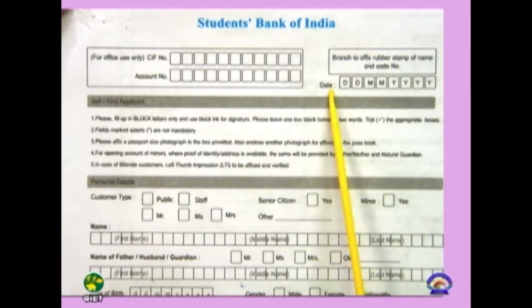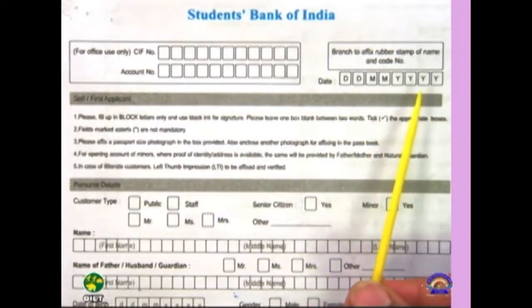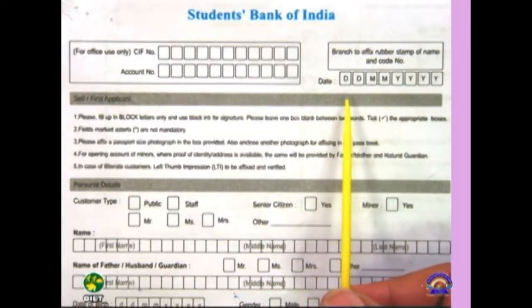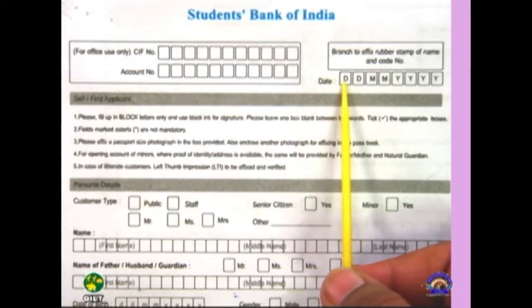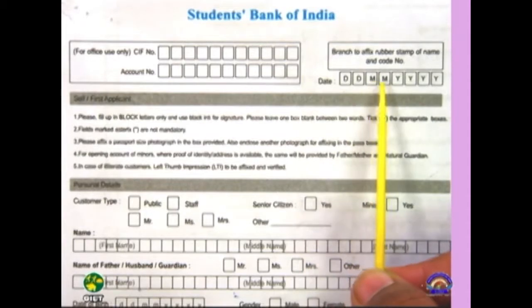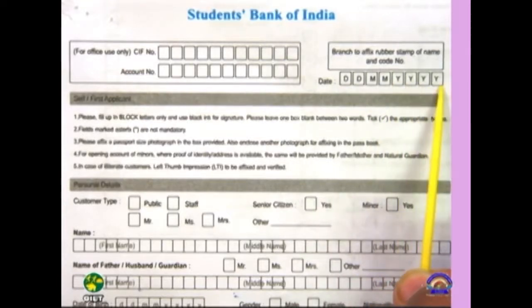Date. Now children, date will be filled by us. So children, you have to write the date. For example, if it is 28 December, you will write 28, month 12, year 2015.